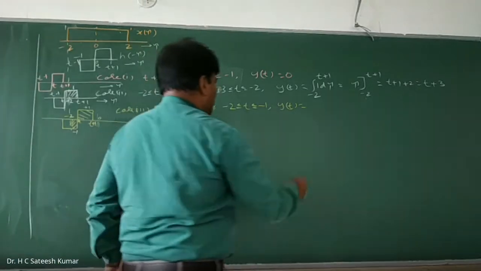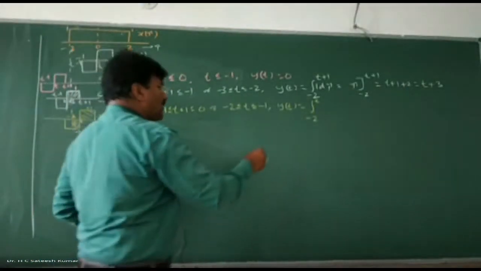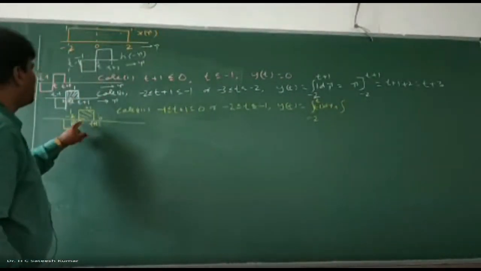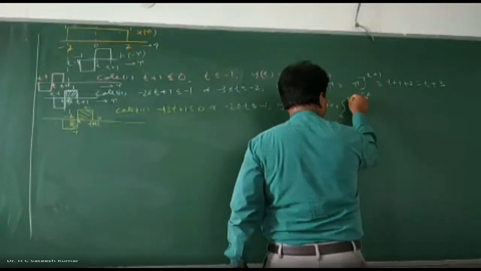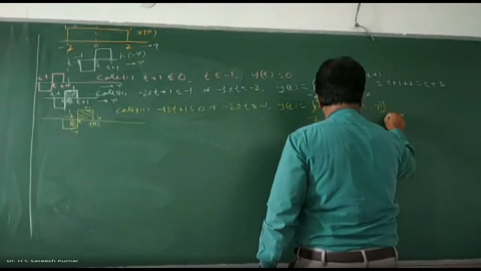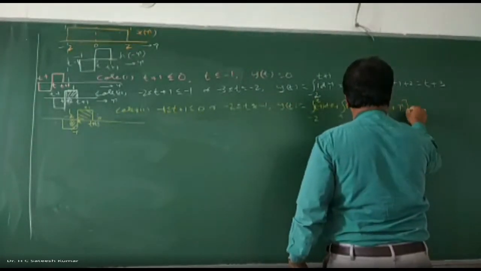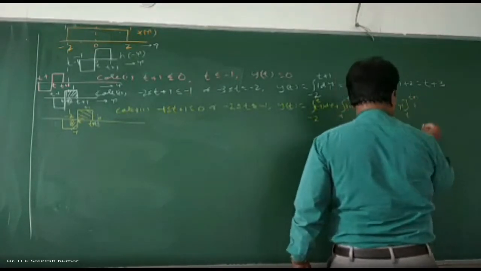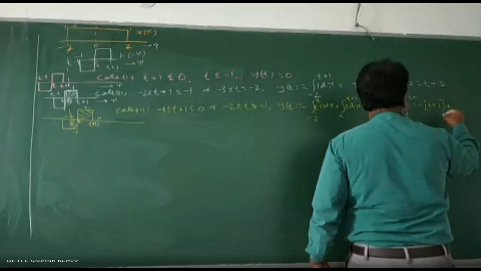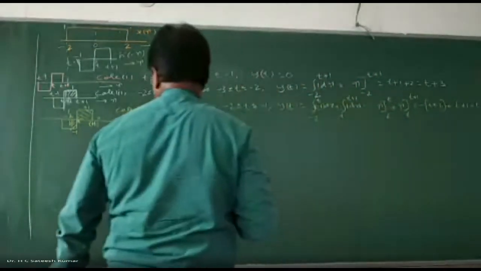Split the integration. Integration from minus 2 to t, minus 1 into plus 1 is minus 1, minus 1 d tau, plus integration from t to t plus 1, 1 d tau, which is equal to minus tau between the limits minus 2 to t plus tau between the limits t to t plus 1, which is equal to minus of t plus 2 plus t plus 1 minus t.